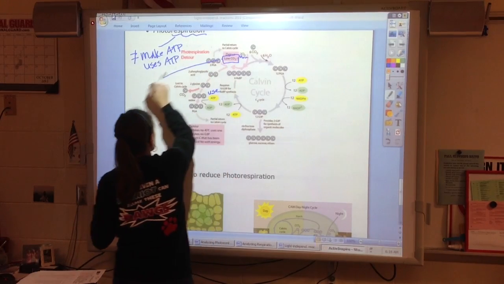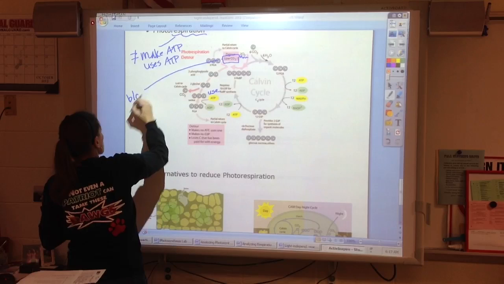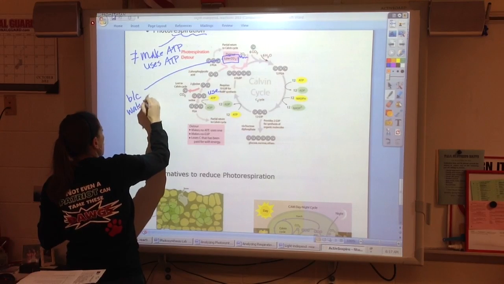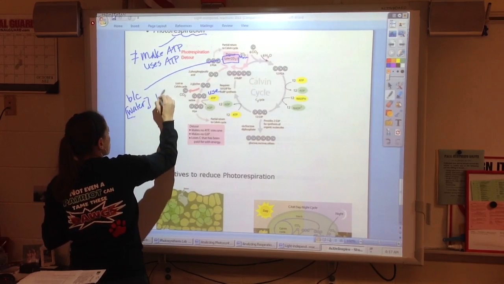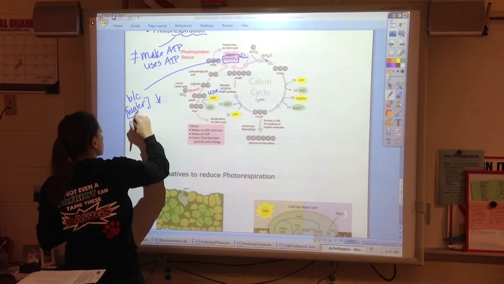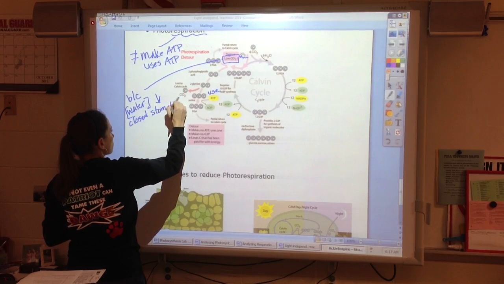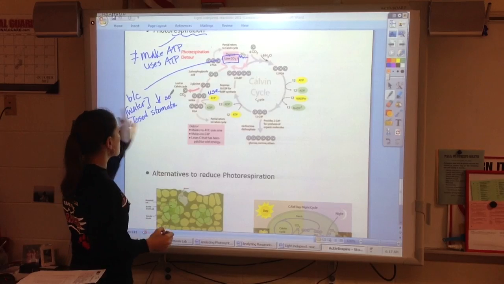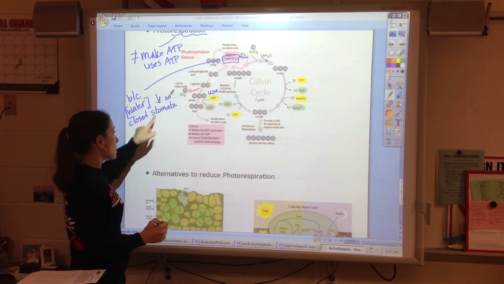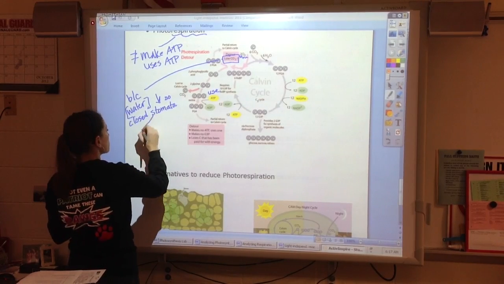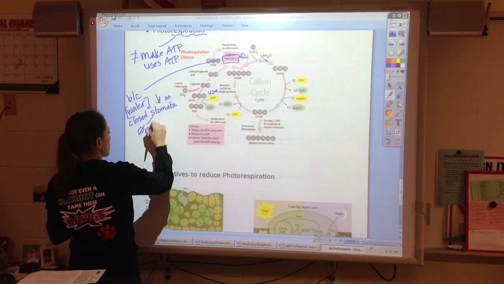And this is usually because water levels are low, water concentration is low, and so we've closed the stomata. The water level is low, we close the stomata. If the stomata is closed, there is no gas exchange.